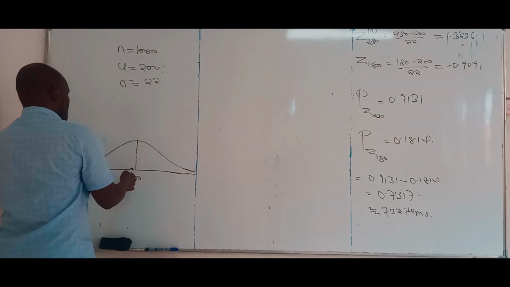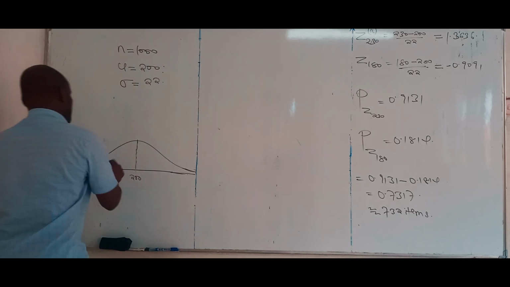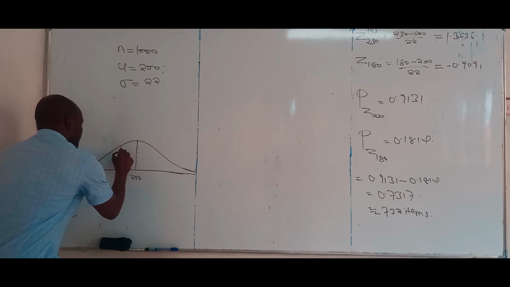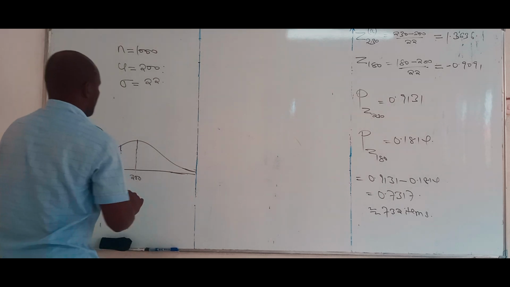If this is the mean, then that weight should fail below it. So I would have it on the left of the mean. And then I call it X. I don't know that weight, it's X.